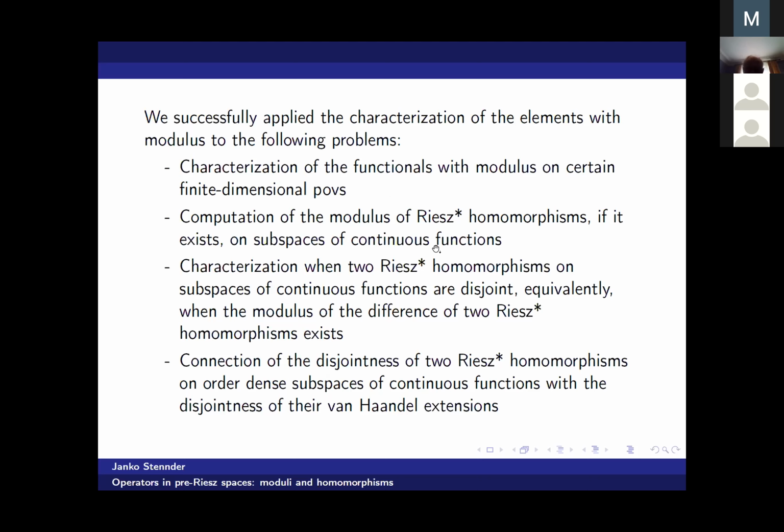We also computed the modulus of Riesz star homomorphisms, if it exists, on subspaces of continuous functions. We also characterized when two Riesz star homomorphisms on a subspace of continuous functions are disjoint, or equivalently when the modulus of the difference of two Riesz star homomorphisms exists. And we connected the disjointness of two Riesz star homomorphisms on an order dense subspace of continuous functions with the disjointness of the Van Handel extension.